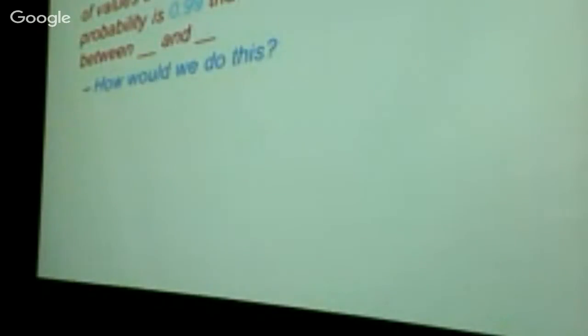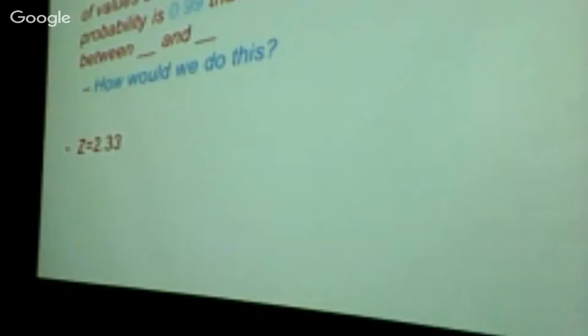Okay. We could have done the same thing with a 99% confidence range. I would have done this by looking up a z-score that corresponds to 99%, and that would have been 2.33. So 2.33 standard deviations above and below my sample mean would have been the range in which 99% of the time my population mean would be.